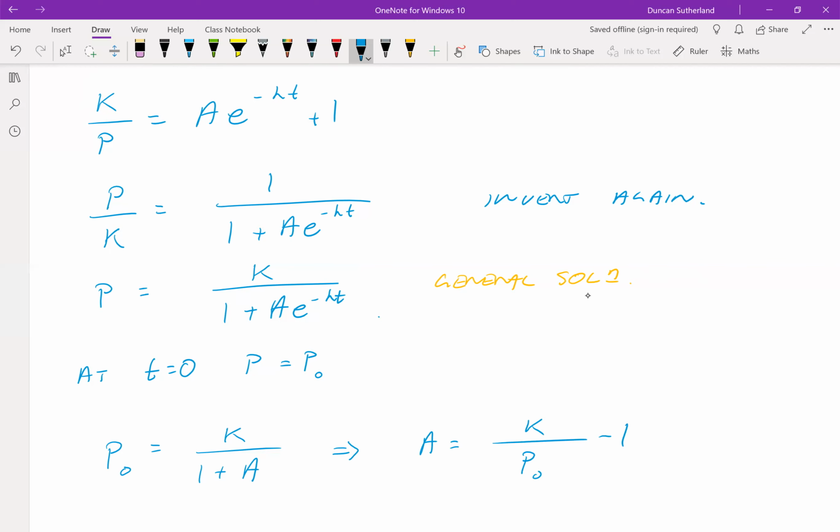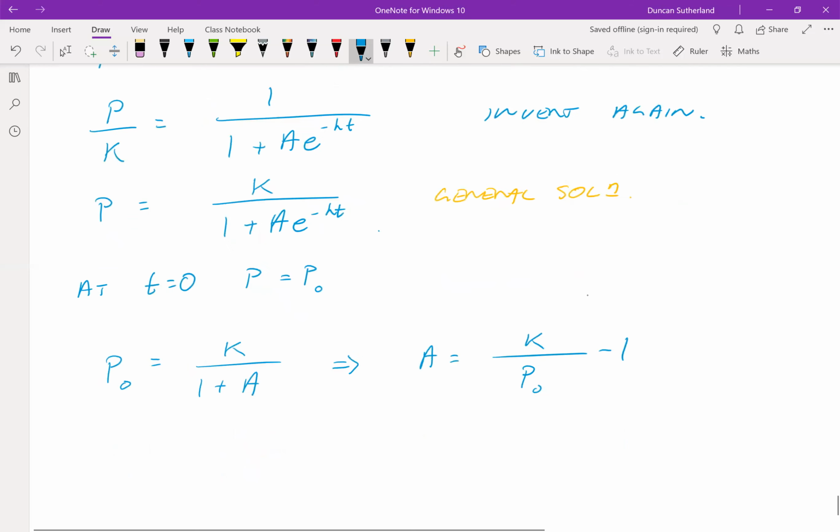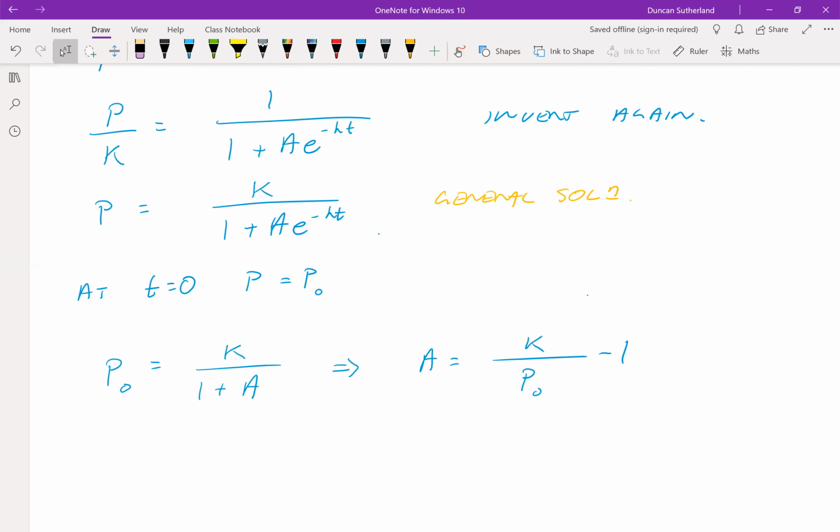Okay, so that's just swapping the denominator with the other side, and then dealing with the plus one, the minus one. All right, so this gives us our particular solution now. So we can write it out in full if you want.